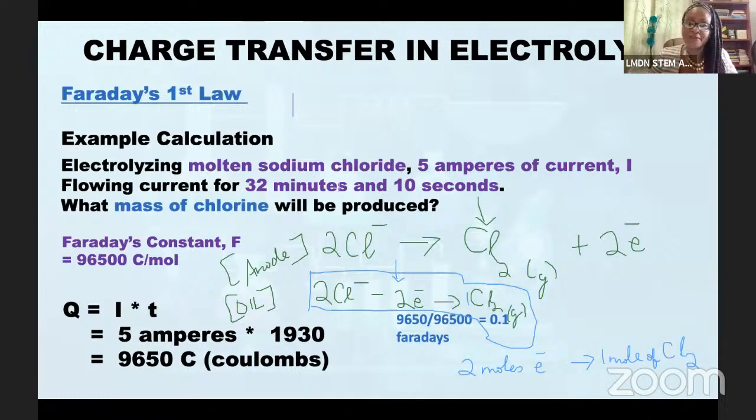Most often that's what you're finding, because that's what the first law is really speaking about, the relationship between the charge and the mass that you get from that charge, right? So the balanced stoichiometric equation, that half equation, is telling us that for every 2 moles of electrons that you transfer, you get 1 mole of chlorine molecule, right?